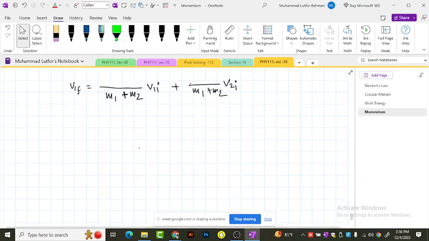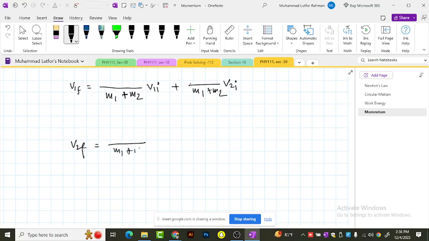It is also exactly the same for v2f: the denominator m1 plus m2 multiplying v1i plus v2i. There is no difference up to this point.